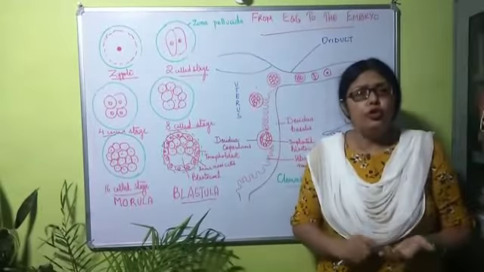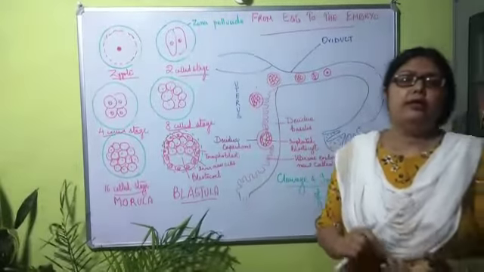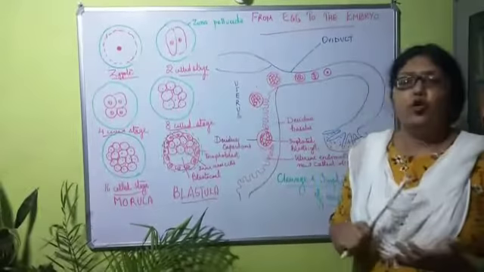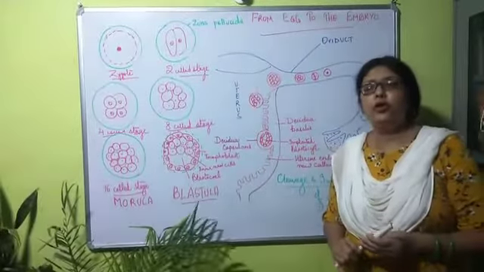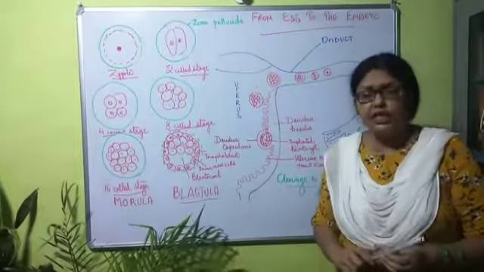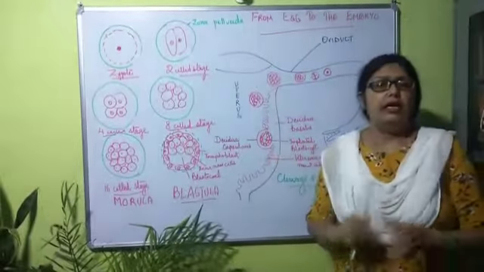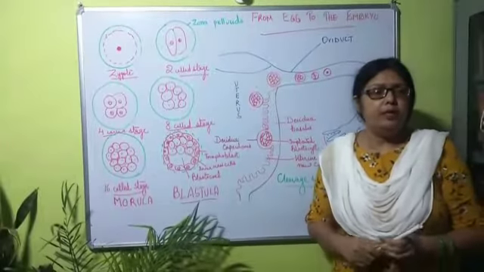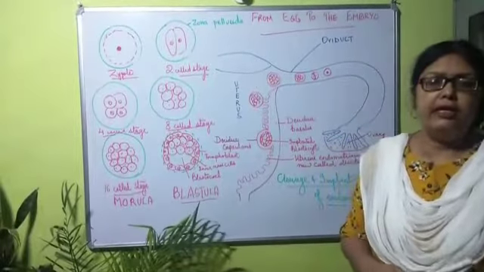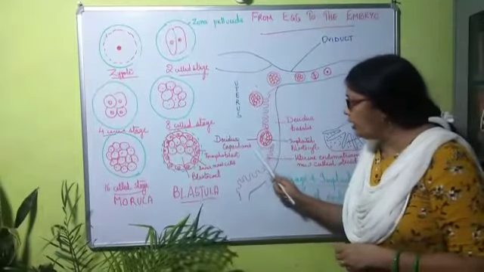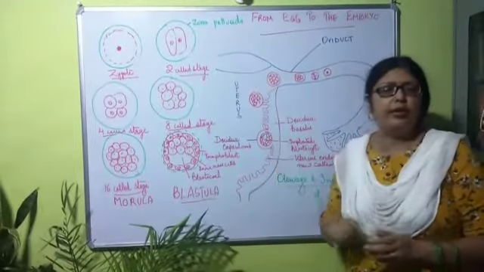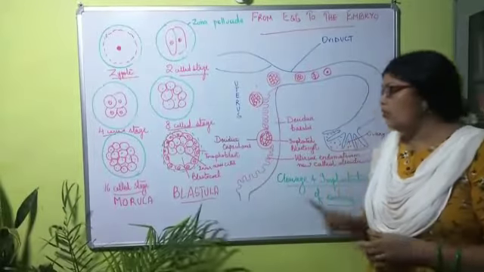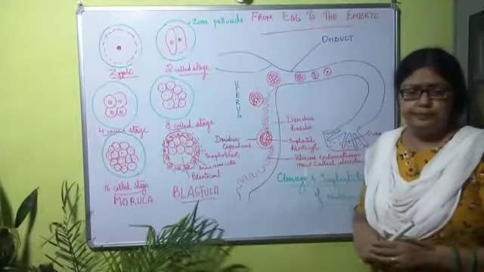HCG is human chorionic gonadotropin hormone, and this hormone helps the morula in implantation in the endometrial lining. Now what happens by the 11th day, the embryo is fully embedded inside the endometrial lining of the uterus, and this is known as the deciduum.